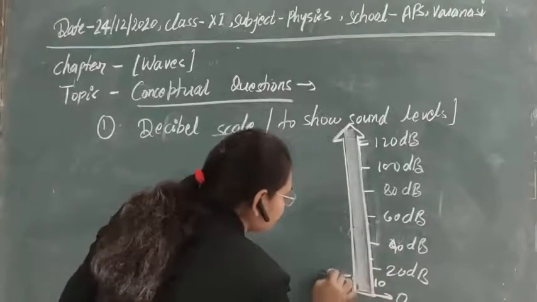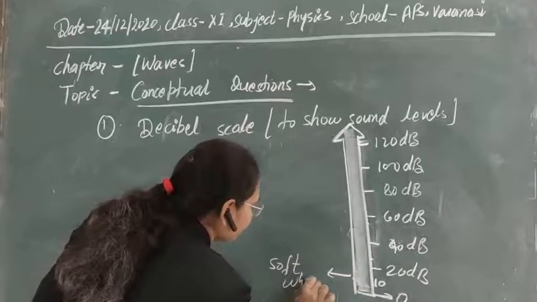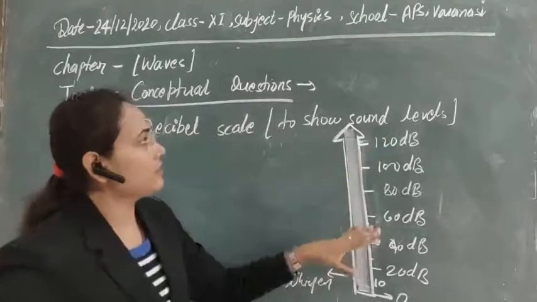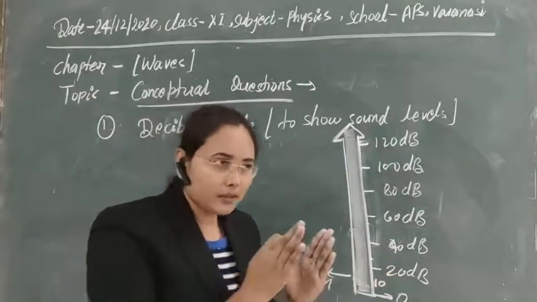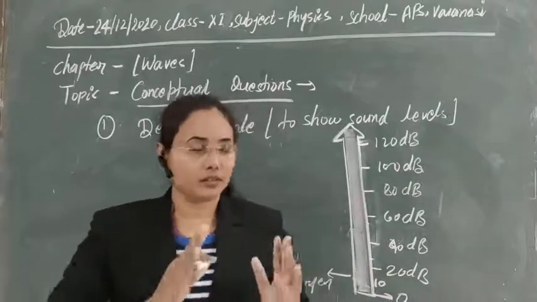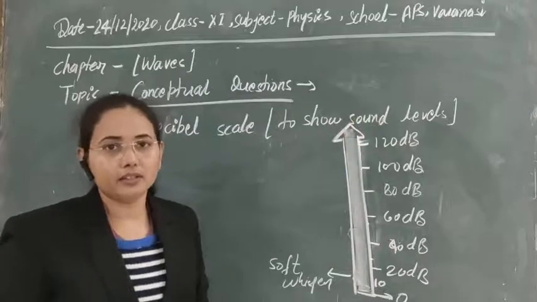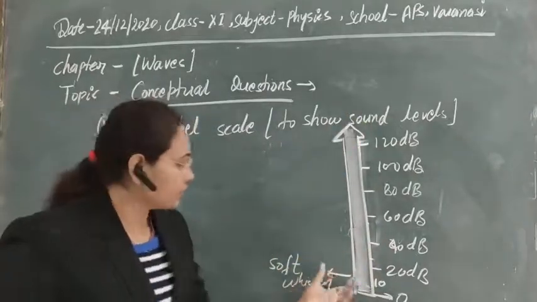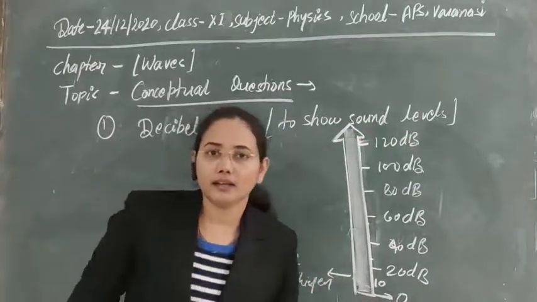You can denote it on the sound scale. This question can be asked of you, to denote the sound levels observed in your daily life on the decibel scale. So you have to denote it in this way. This is the level for the soft whispers, 10 decibel.